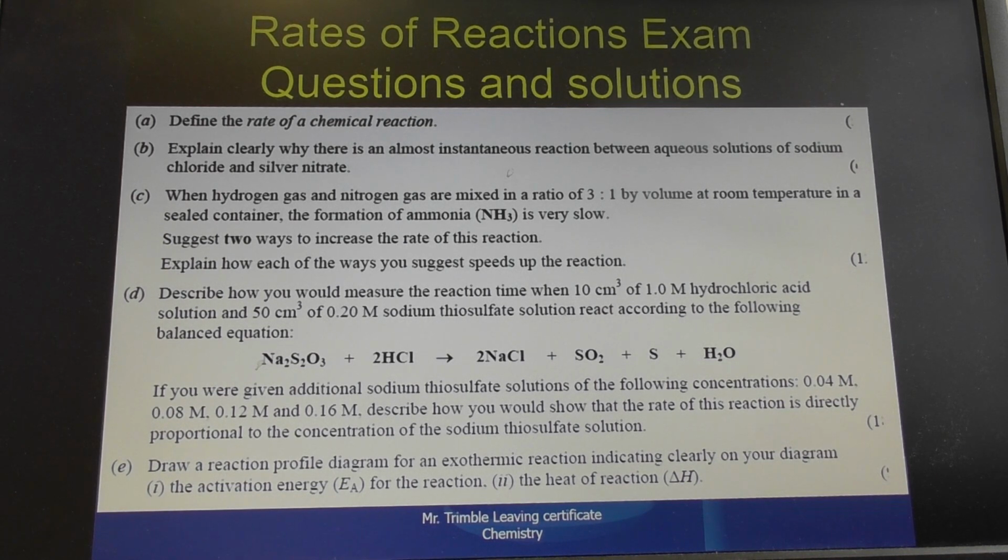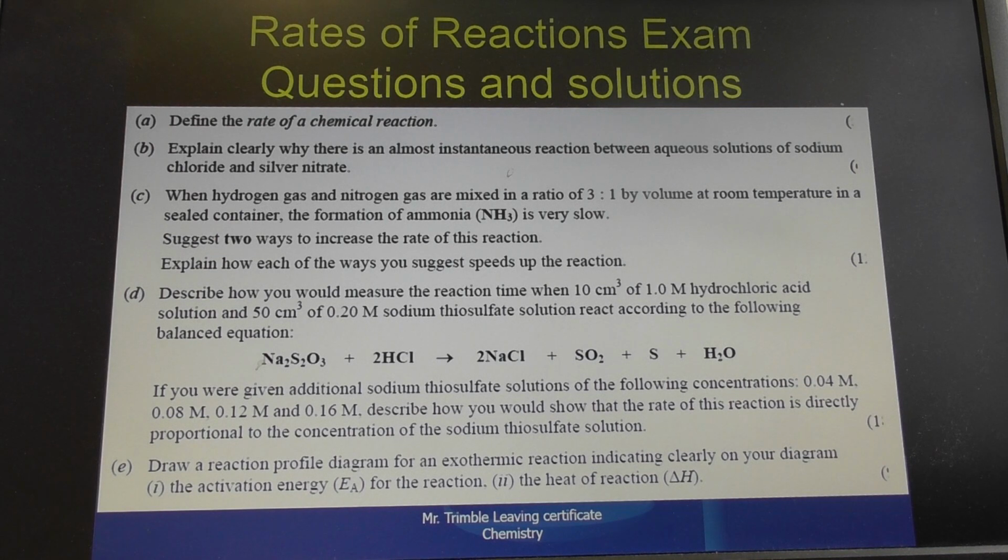And then the next one, when hydrogen gas and nitrogen gas are mixed, 3 to 1 by volume, at room temperature in a sealed container, the formation of ammonia NH3 is very slow. Suggest 2 ways to increase the rate of the reaction. Well, you can increase the rate by increasing the temperature, which is probably the easiest one.